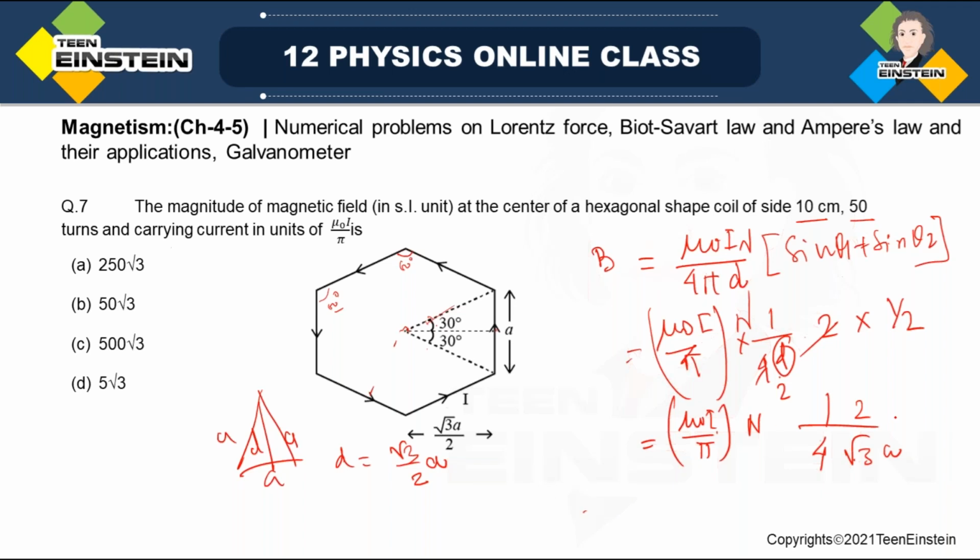Again this has to be multiplied with 6 so that you get it for the whole hexagon. Okay, so this 3 can make it root 3.